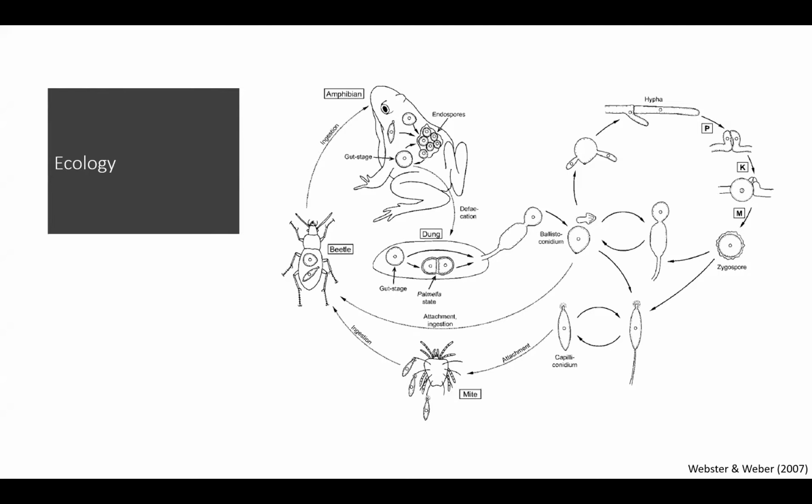So eventually some cells are excreted into the dung where those ballistoconidia I showed you can form and discharge into the environment, where they can go through asexual or sexual repeating cycles out in the environment. Eventually, one of the asexual spores will adhere to some sort of insect, and then through a spore-bearing insect, it will eventually make its way to colonize the gut of a host.